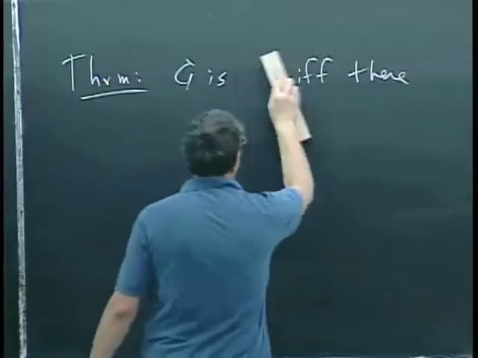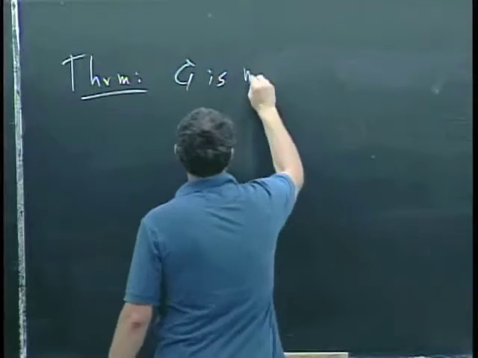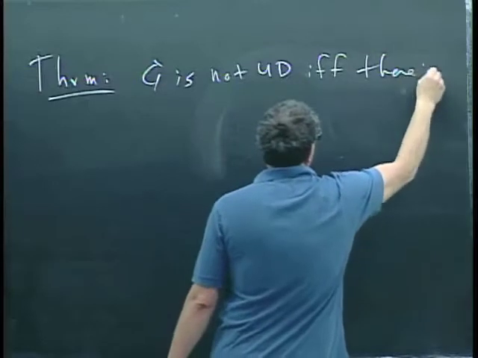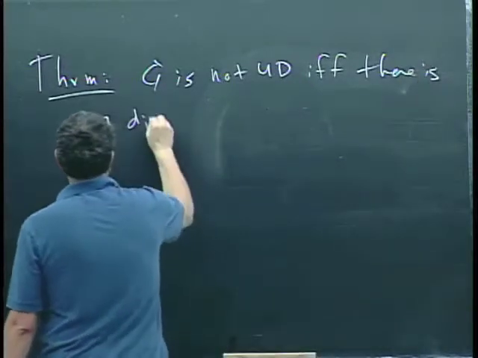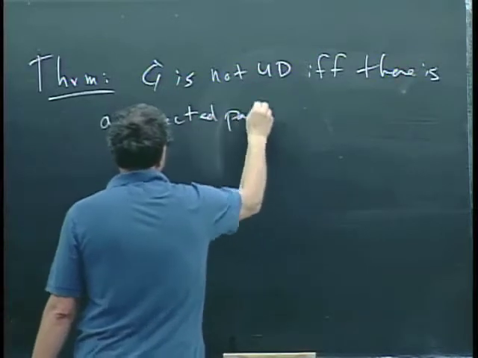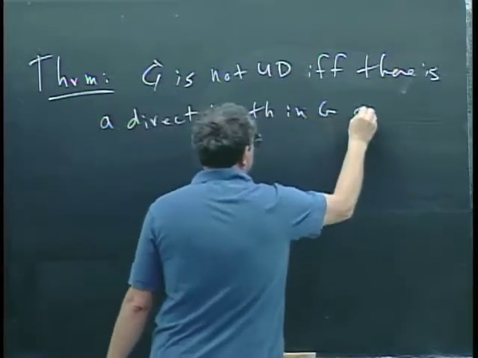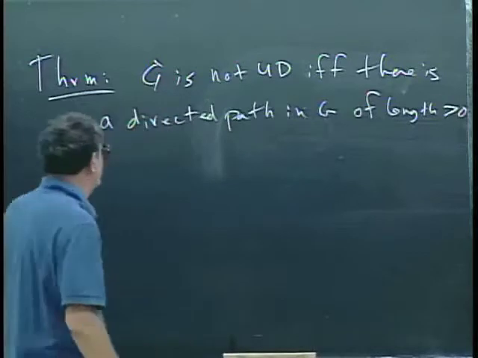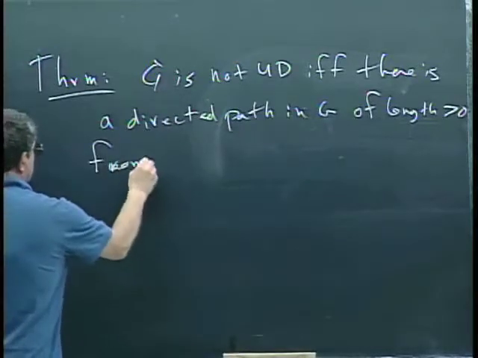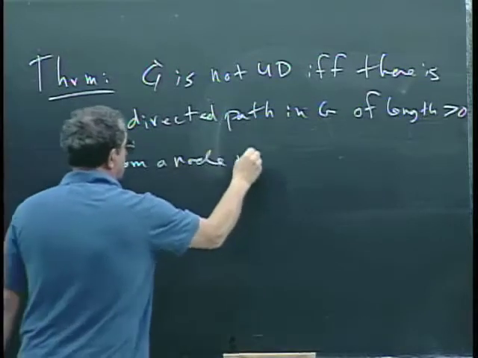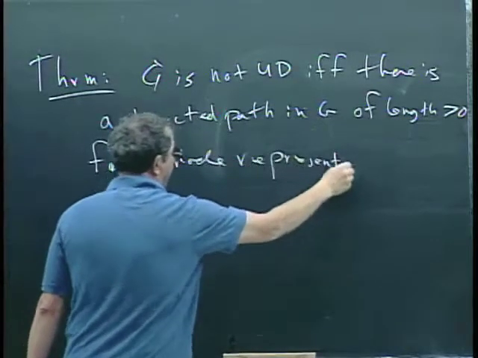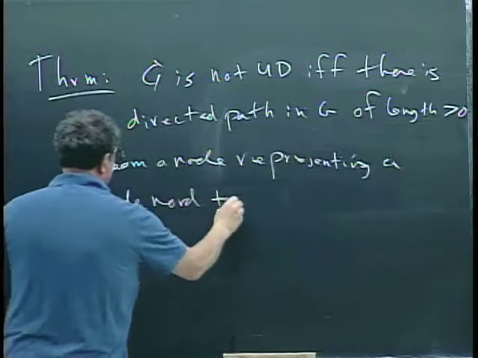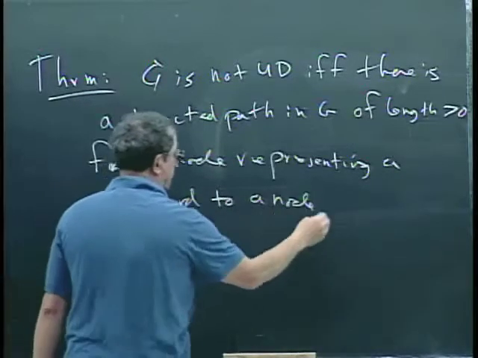That's sort of the traditional way of putting it, but the code is not uniquely decipherable if and only if there is a directed path in G of length, well, it's got to be greater than 0, at least one edge, from a node representing a code word to a node representing a code word.